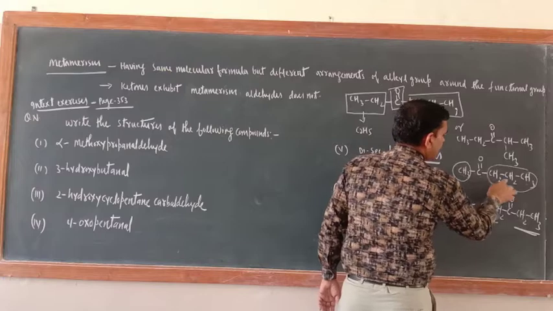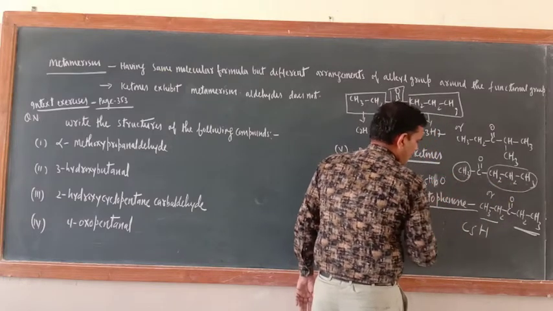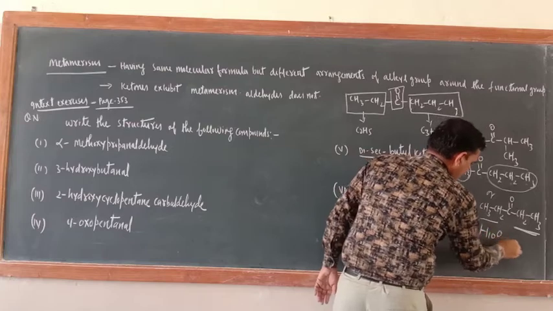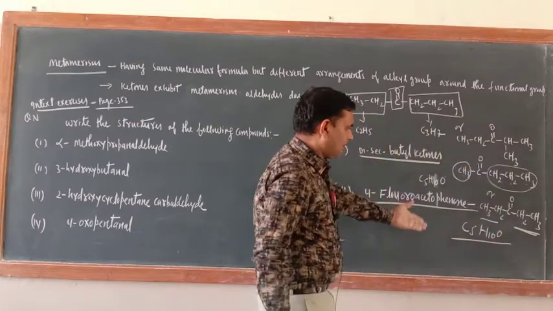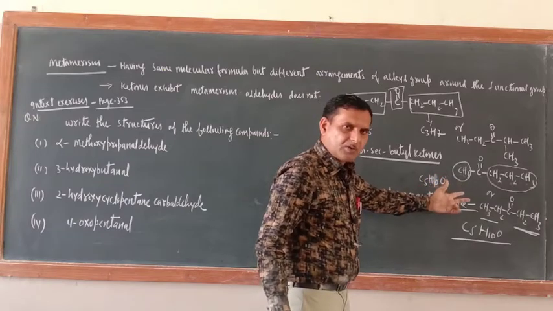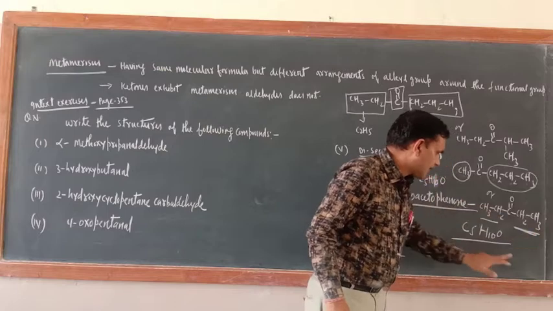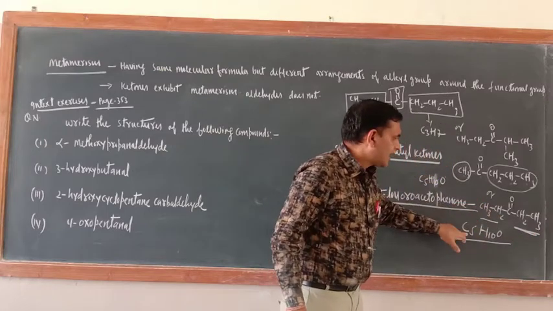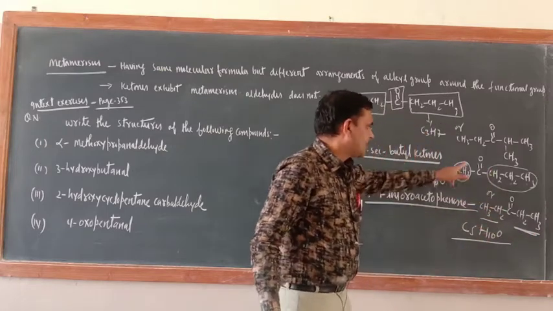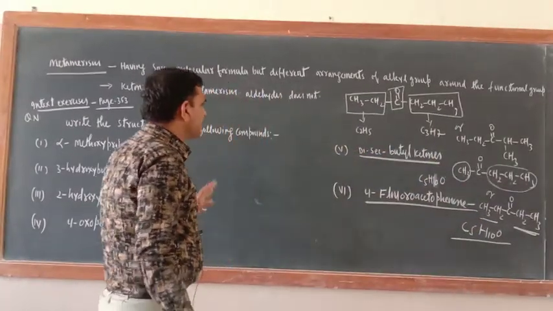Here also 10, and O. Okay, check. The molecular formula is the same. Only the arrangement of alkyl groups is different around the functional group. 10 hydrogen atoms, 5 carbon atoms, 1 oxygen atom. Here also, here also. So this is the example of metamerism.